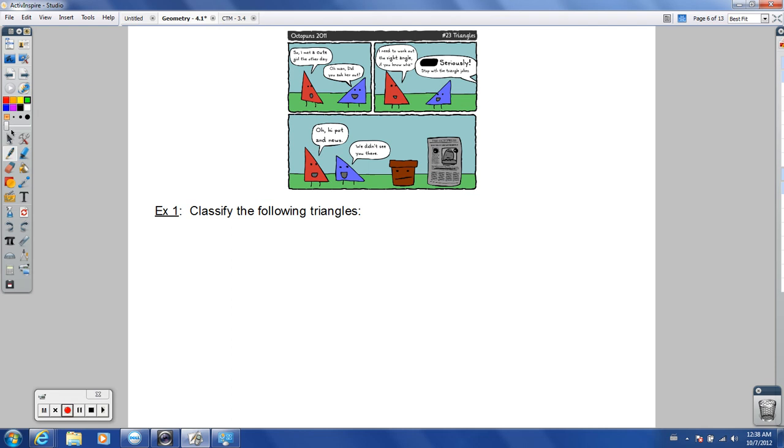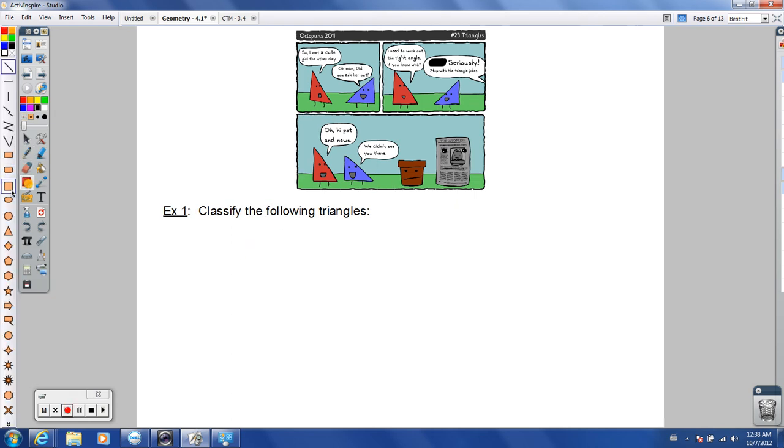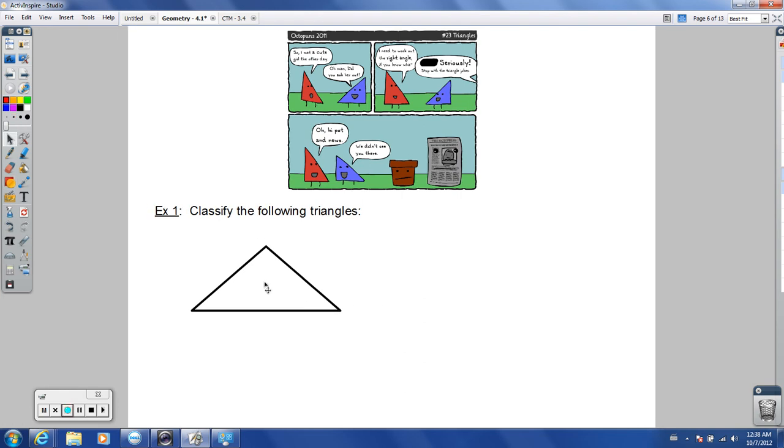Let's see, so let me draw a couple triangles here. We'll do a couple examples. I'll go with the shape tool instead. Okay, so I'm going to do something like that for this first one. I'll move that over just a little bit. There we go, and then this other one I will just draw.